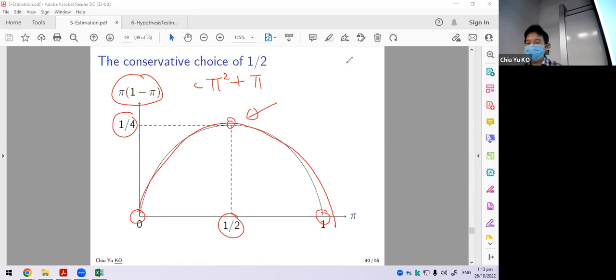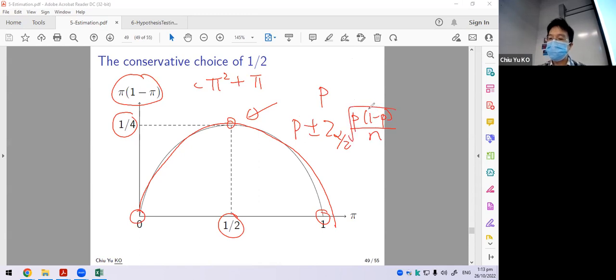Of course, in reality, when you calculate, you get the sample proportion P, and you calculate with P times 1 minus P. But when you calculate n, we'll use 1/2, but that doesn't matter. You are more conservative, so at the end the interval is actually narrower.